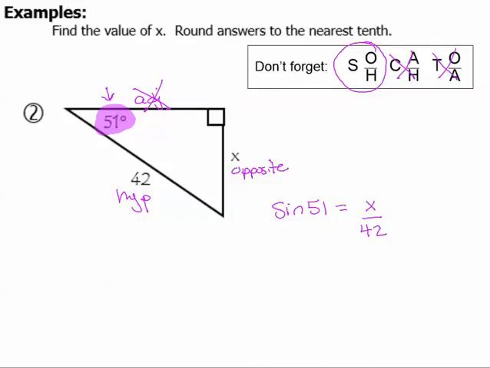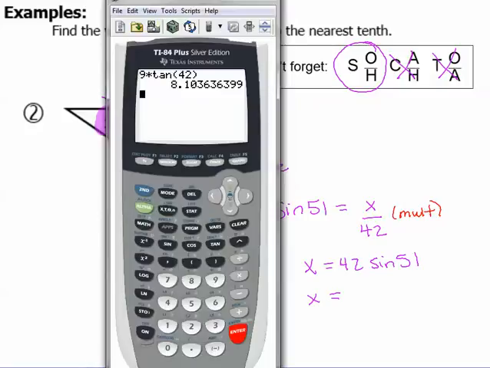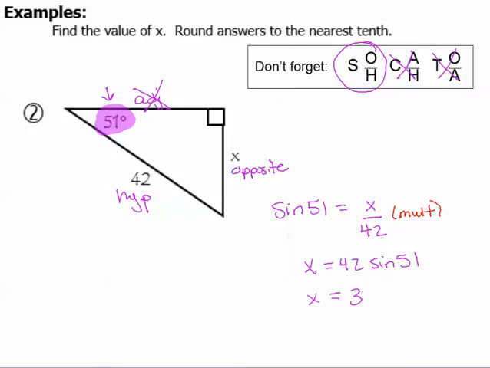Now because x is on top, I'm going to multiply. And when I multiply, I get x equals 42 times sine of 51. And I'm going to plug that into my calculator. 42 times sine of 51. And I get 32.6.